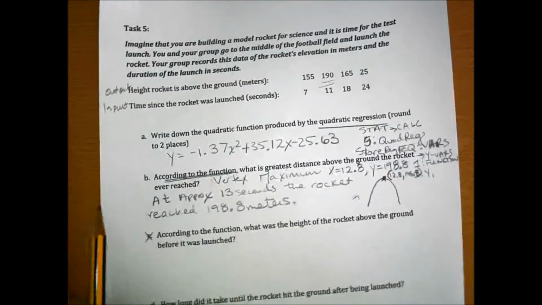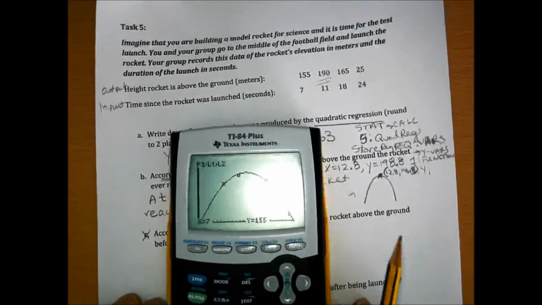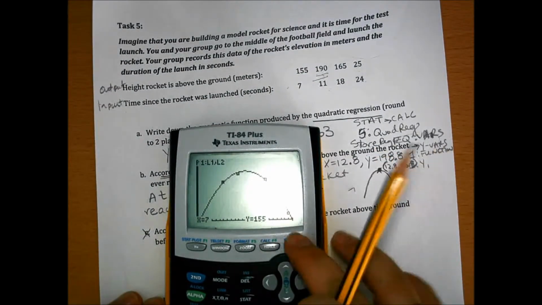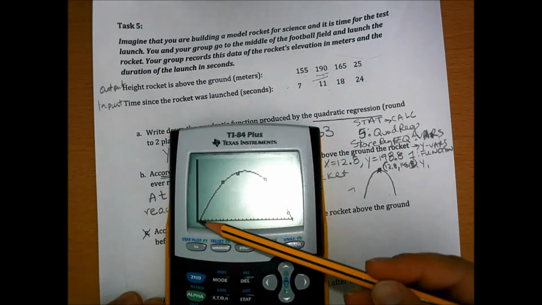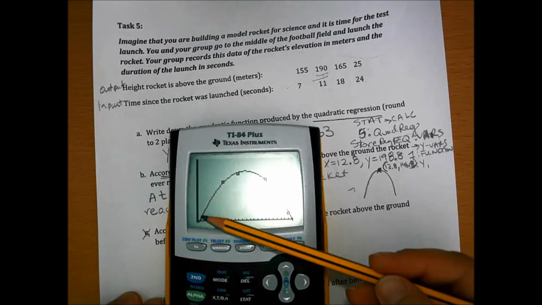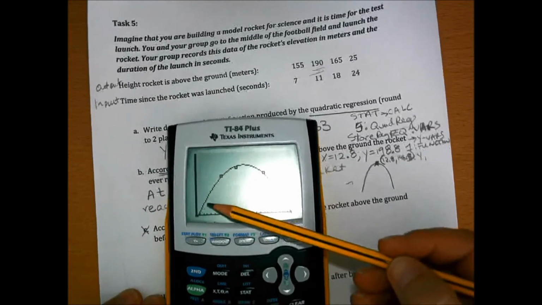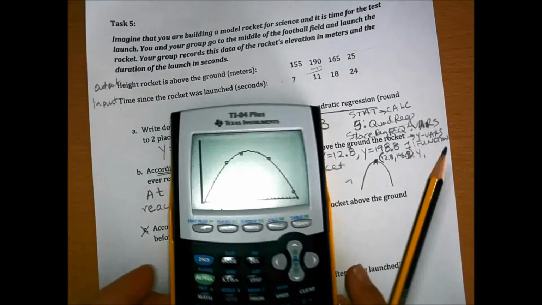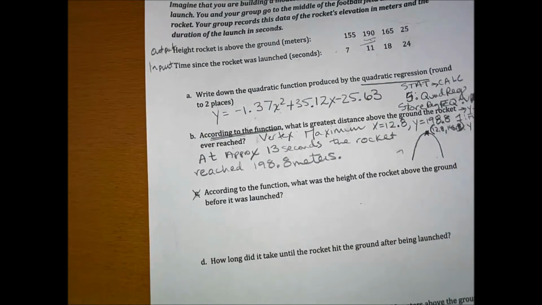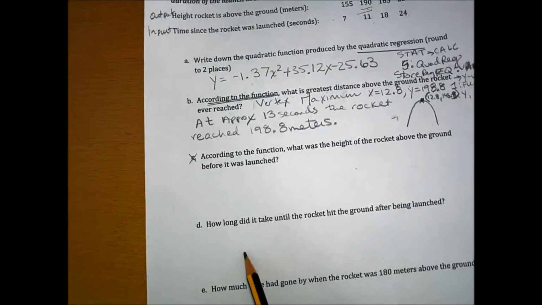But if we looked at our function, we would see that this never actually gets to 0, 0, or it doesn't intersect up at a height. It actually would intersect below. So I just had you guys cross that one out.